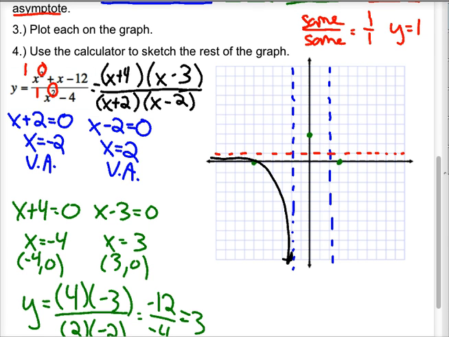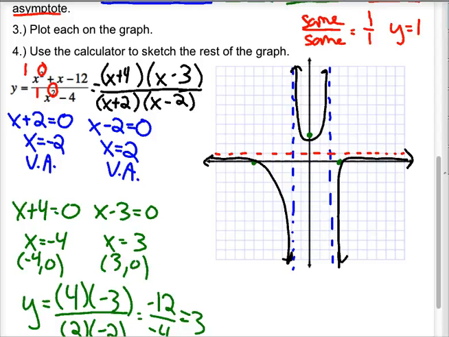A piece of it is here. A piece of it is there. The other piece of it is there. So once you do all the calculations, use the calculator to finish it off and actually plot the curve.